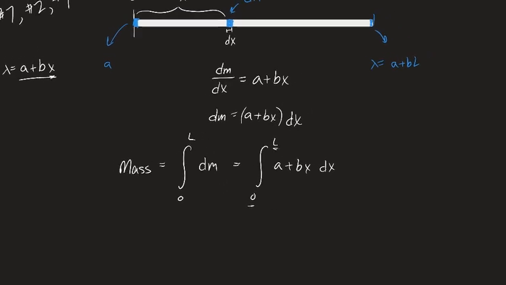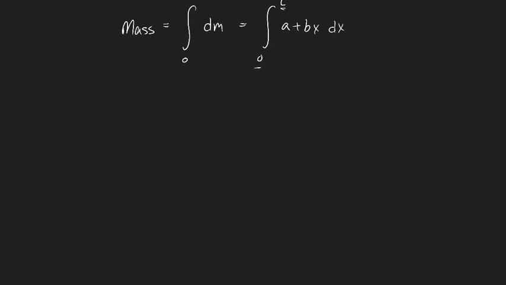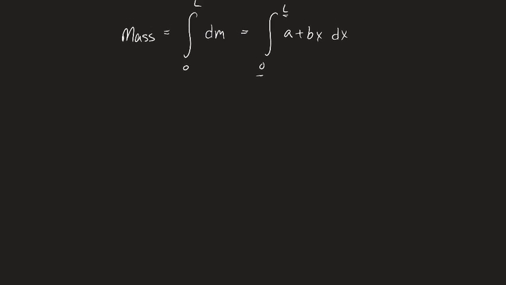I have to act on this now. It's a pretty straightforward integral. I'm supposed to integrate A plus bx with respect to x. Now, there isn't an x in this term, but this looks like a polynomial. Do you guys see that it looks like a polynomial?